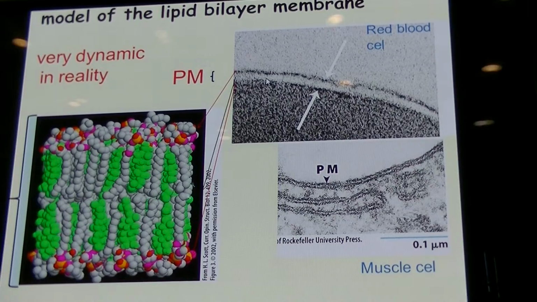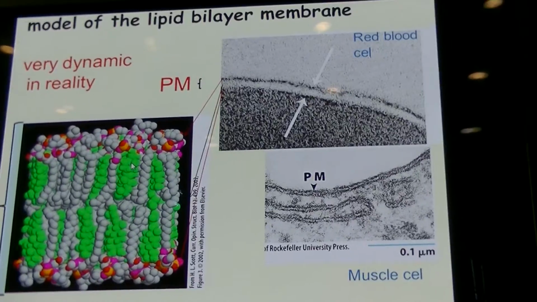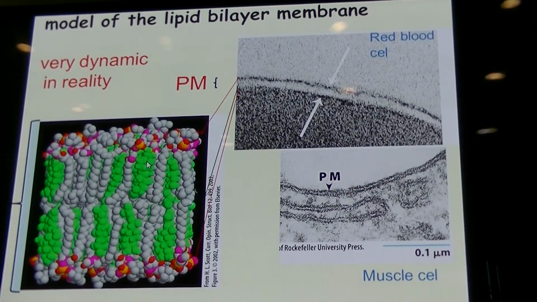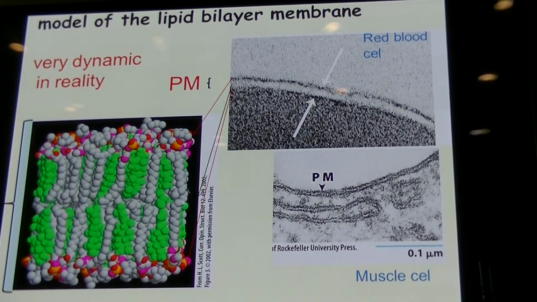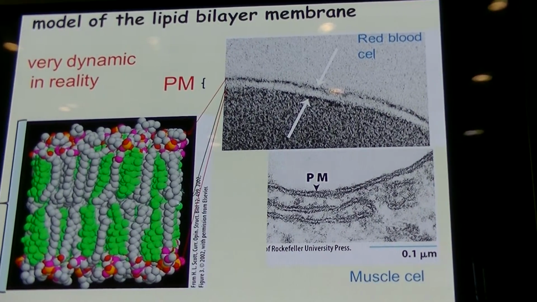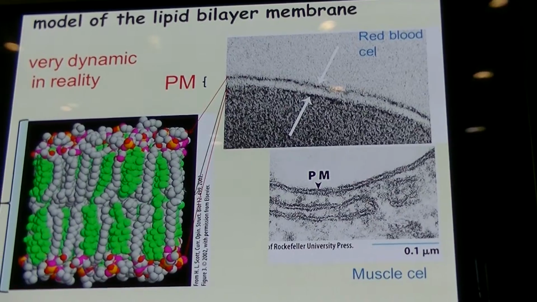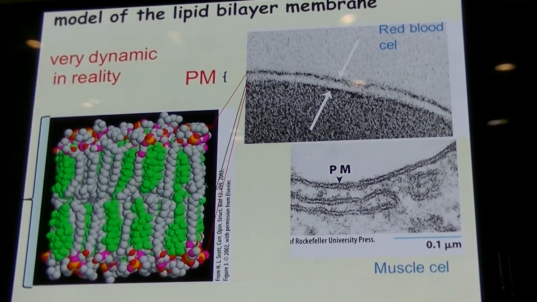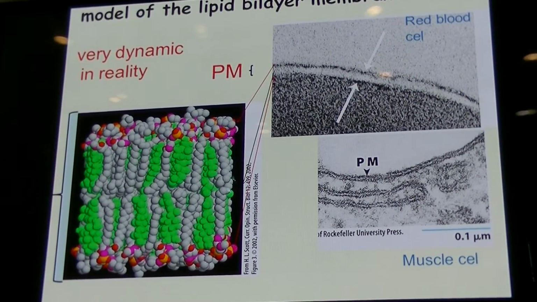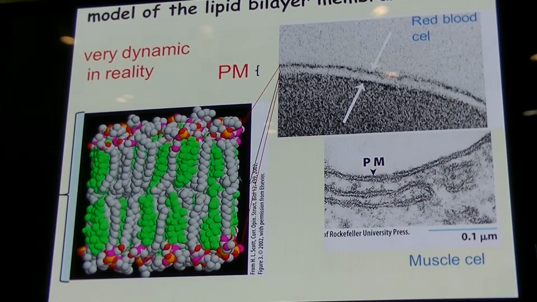Okay, so how do we know this structure is correct? I've told you, freeze fracturing gets you one membrane part on one side, the other on the other side. You see the proteins in there. The proteins can be visualized in the EM.